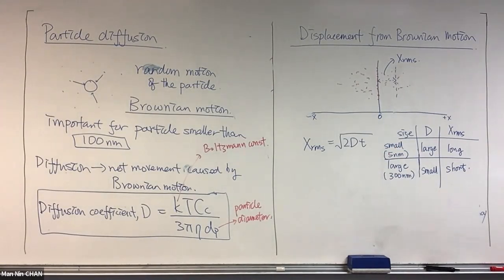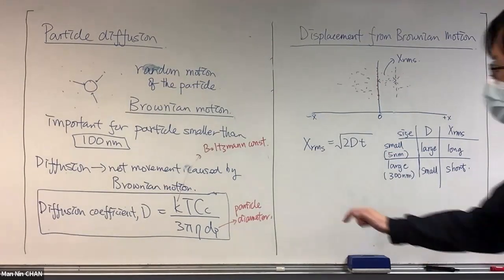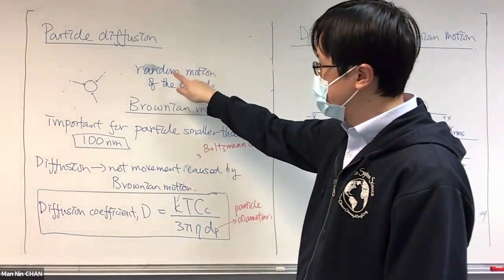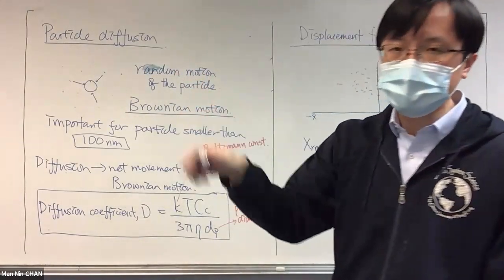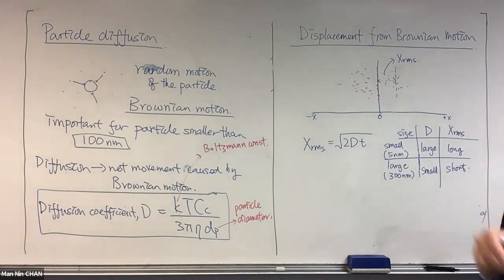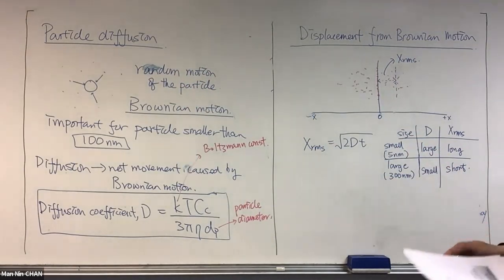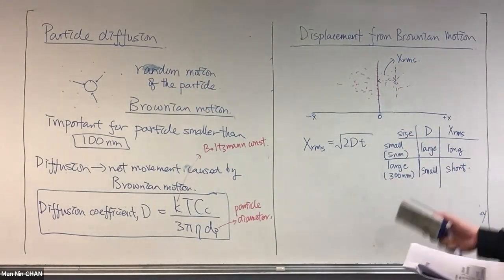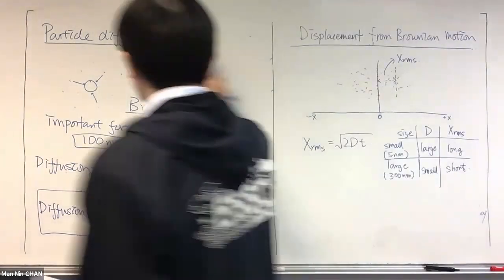But maybe we want to be more quantitative. Remember, when we talk about removing particles, for a large particle we want to remove by impaction or by gravity, and for small particles we can remove by Brownian motion. So maybe we can compare these two processes.